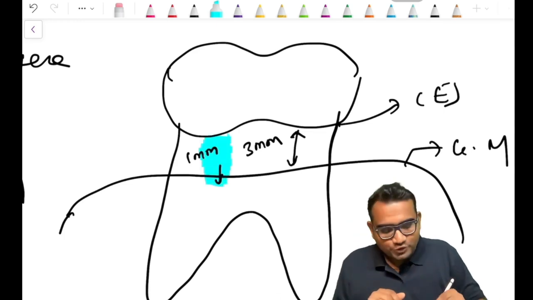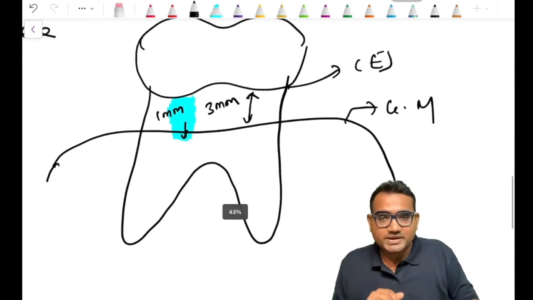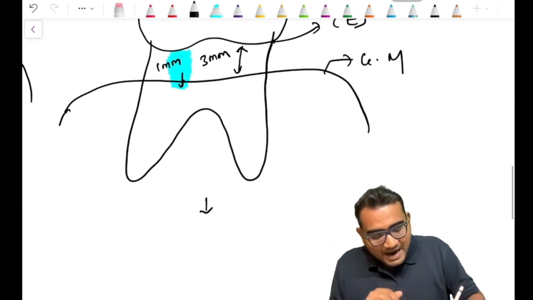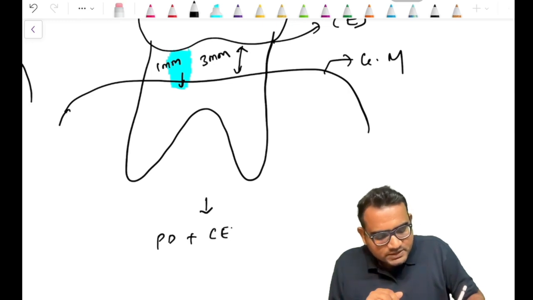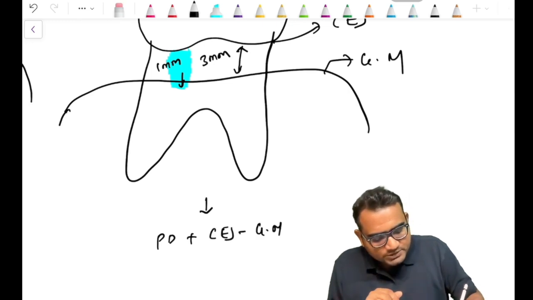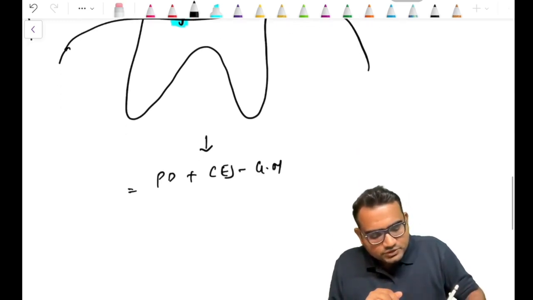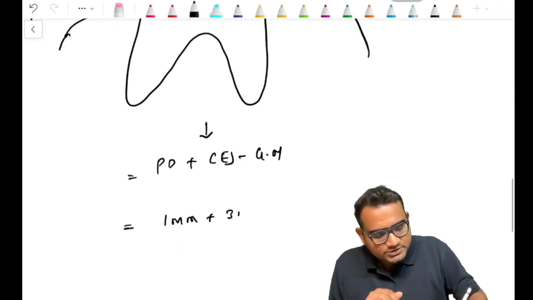So what I'm going to do is very simple. I'm going to add the probing depth and the distance from the CEJ to the gingival margin. So let us assume the probing depth is 1 mm and the distance from the CEJ to the gingival margin is 3 mm. So the clinical attachment level for these patients is 4 mm.